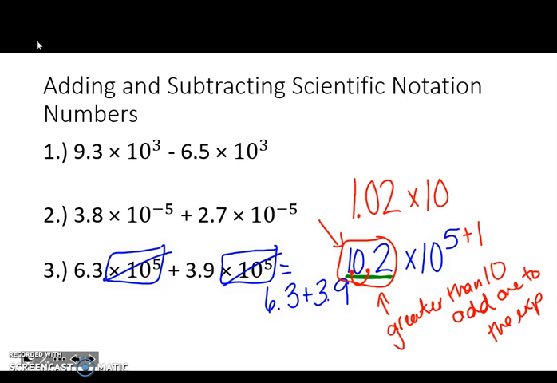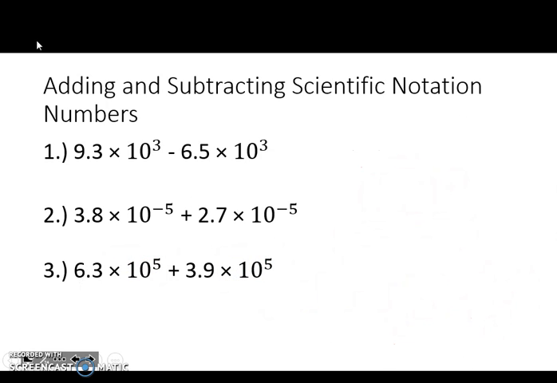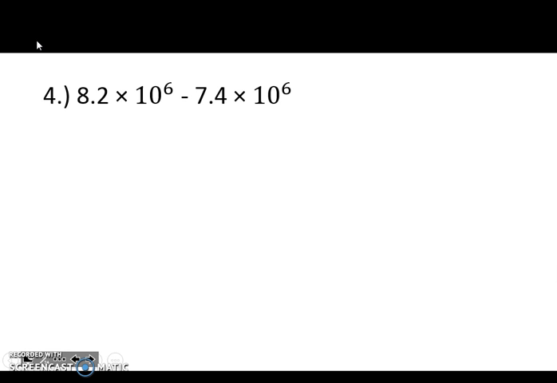So I would add 1 to that 5 so that I have 6. And then this is going to be my final answer. If my leading number is less than 1, then I would be subtracting 1 from our exponent. And we'll do one like that in a second, and then we'll write out the rule.